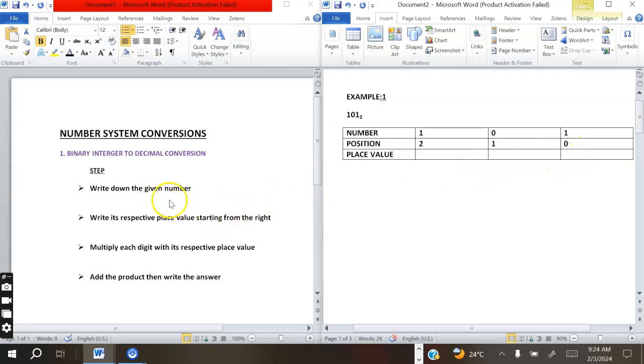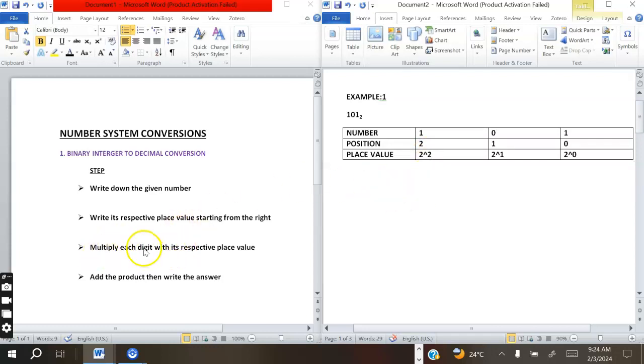Then our base is 2, so it's supposed to be 2 raised to power 0. So the base is raised to the power of the position, which is 0. Then 2 raised to power 1, 2 raised to power 2.